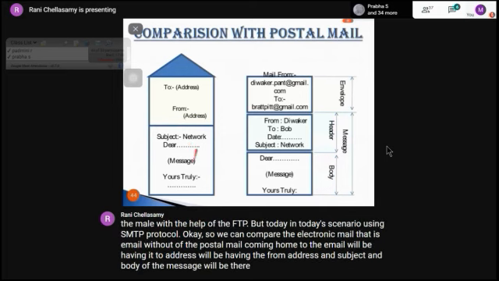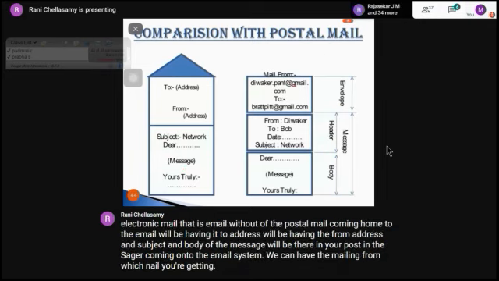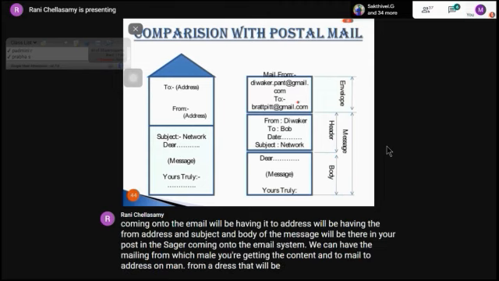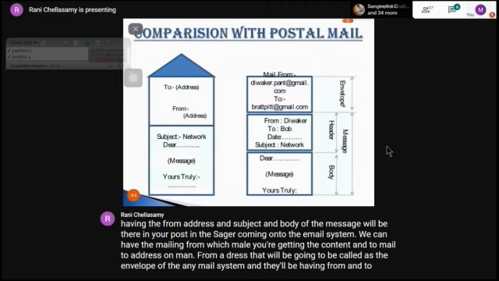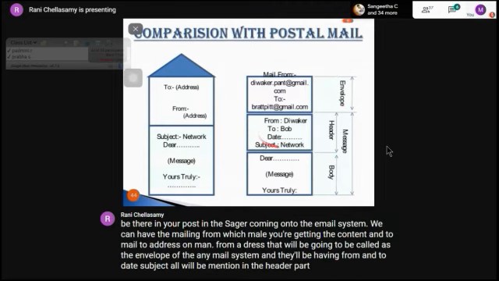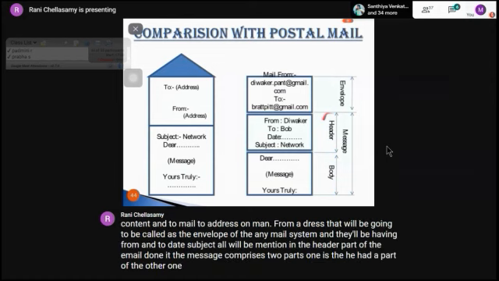Coming to the email system, the to address and from address are called the envelope of any mail system, and from, to, date, and subject are all mentioned in the header part of the email. Then the message comprises two parts: one is the header part and the other one is the body part.